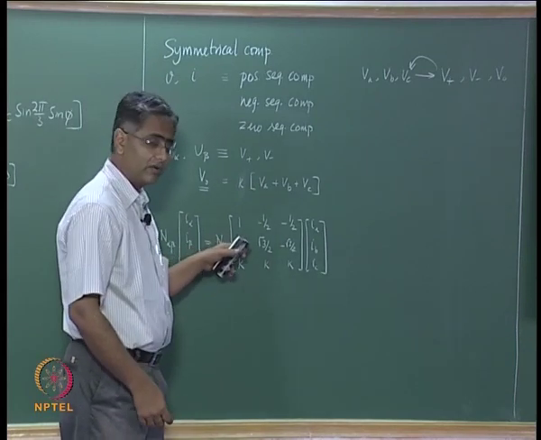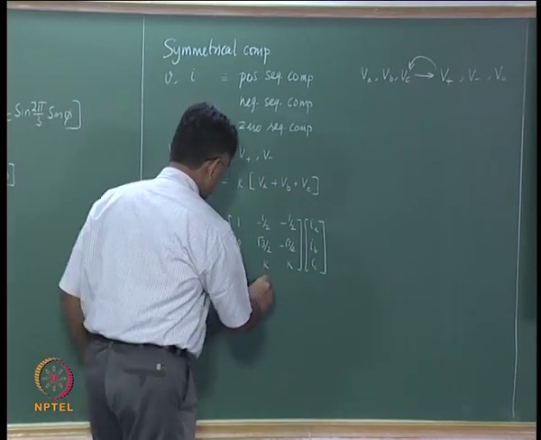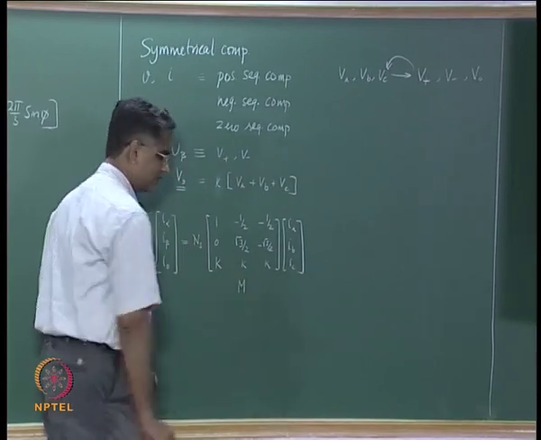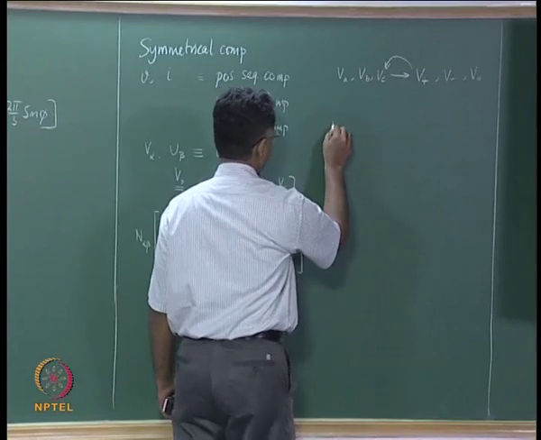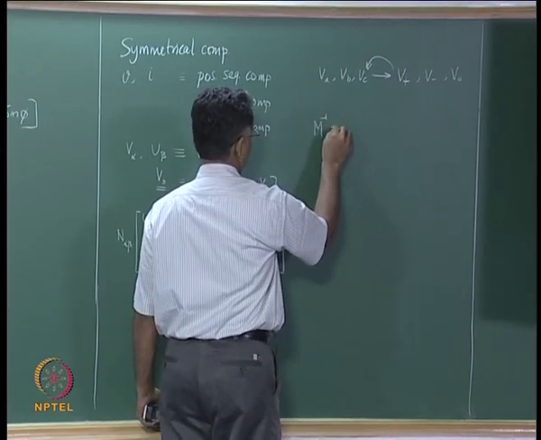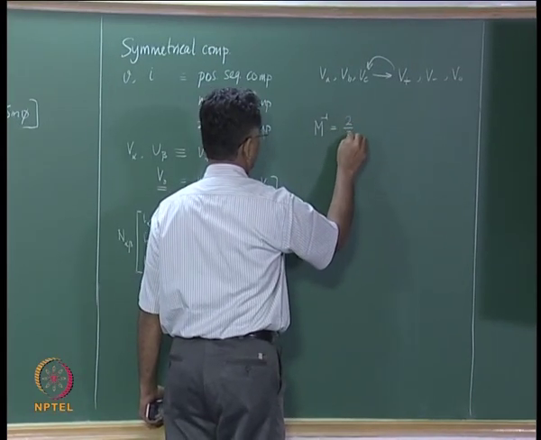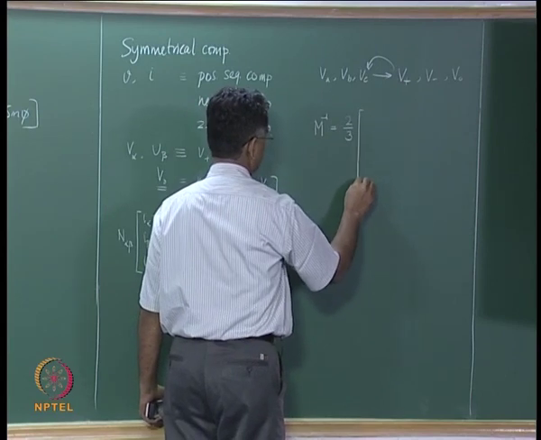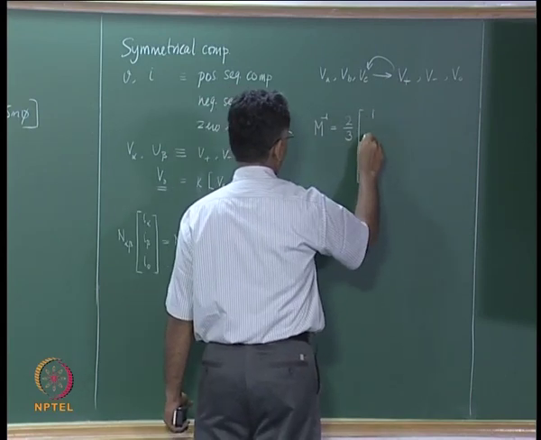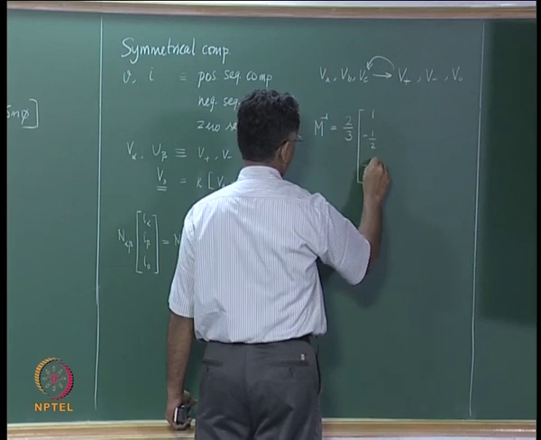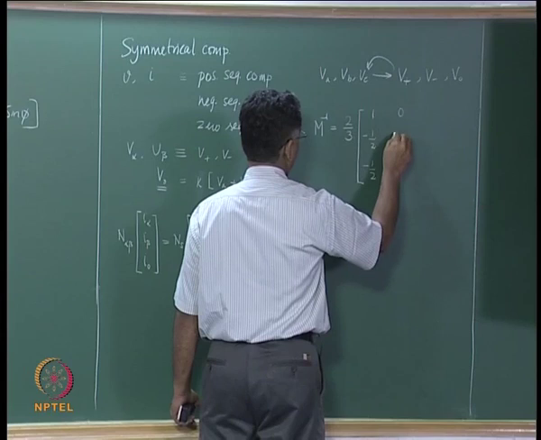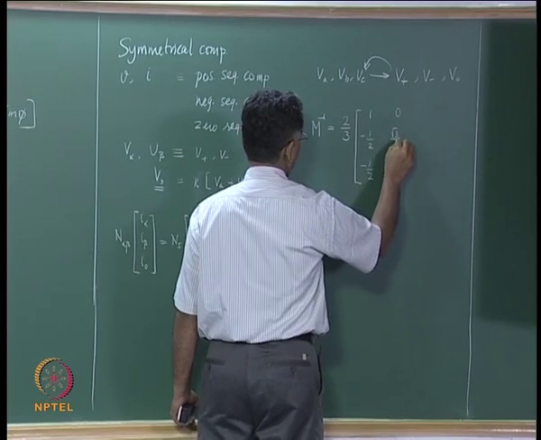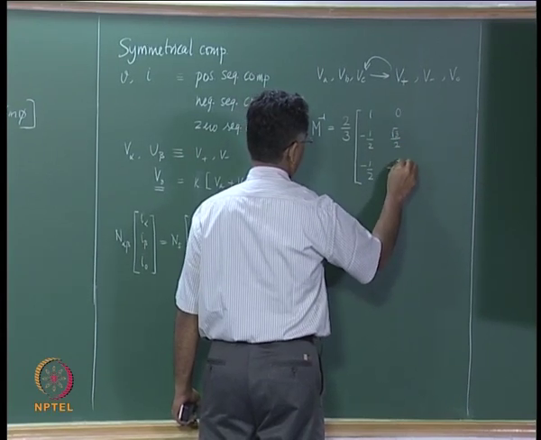Let us say this matrix is M and you want to find its inverse, then M inverse is given by 2 by 3 times 1, minus half, and then 0, root 3 by 2, minus root 3 by 2.